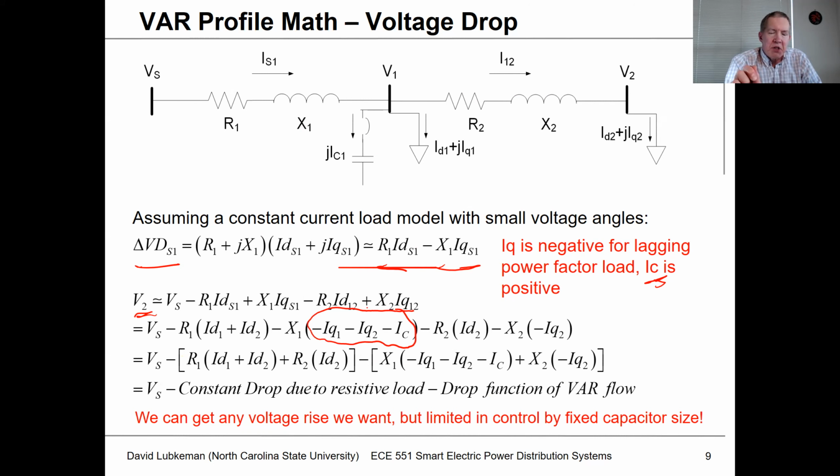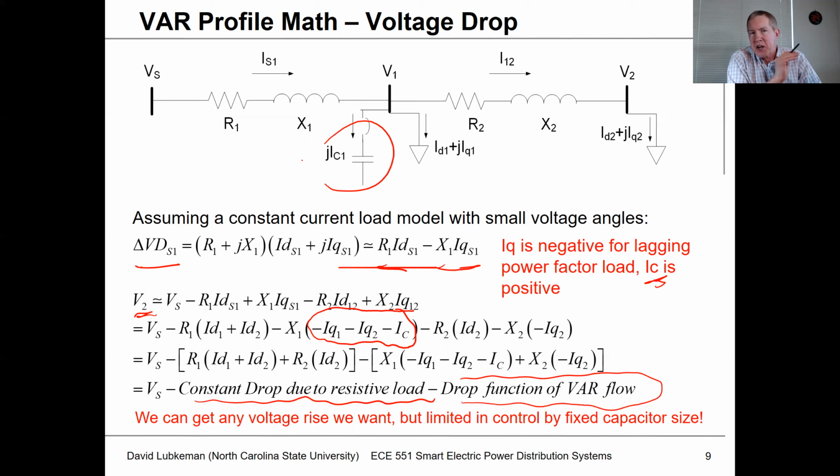And what's interesting about this particular case is that I can arbitrarily increase the voltage to anything I want by simply using larger and larger values of capacitance. So there's not any limit to how much voltage rise I can get in this particular circuit, if that's what I so desire. There's going to be a voltage drop component which is constant due to the resistive load, and then a drop component that's a function of VAR flow. I can actually raise or lower the voltage if I want to by adjusting the size of this capacitance.